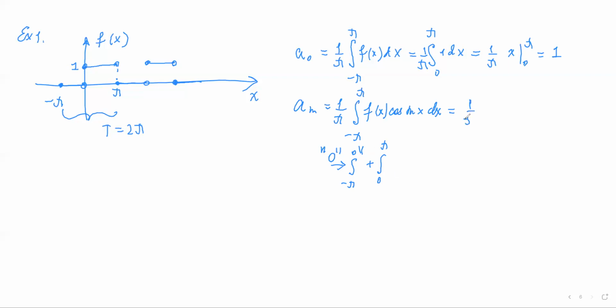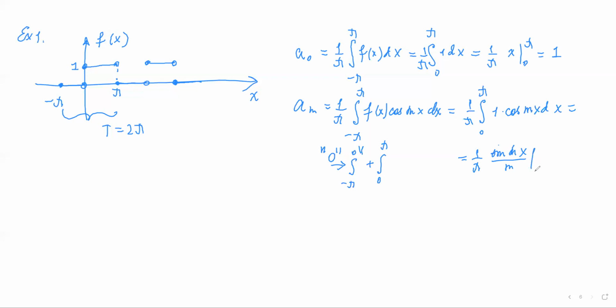So it's 1 over pi integral from 0 to pi. And then because the function is equal to 1, it's just 1 times cosine of mx dx, which is going to be equal to 1 over pi. The integral of cosine is what? Sine of mx divided by m. Don't forget, if you differentiate sine, you're going to get cosine multiplied by m.